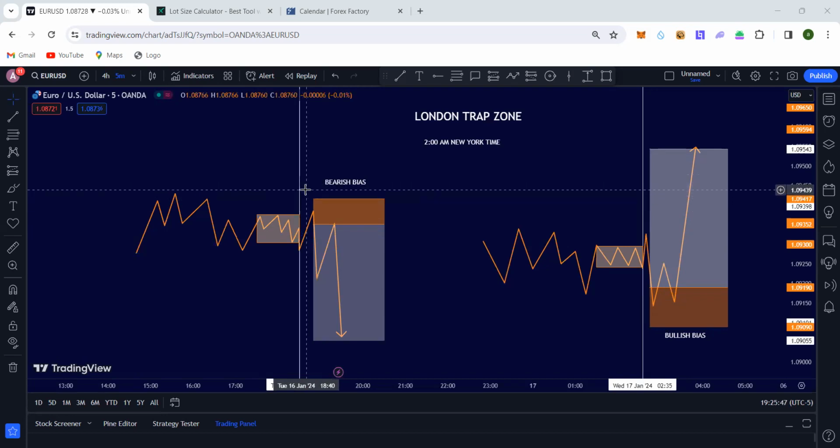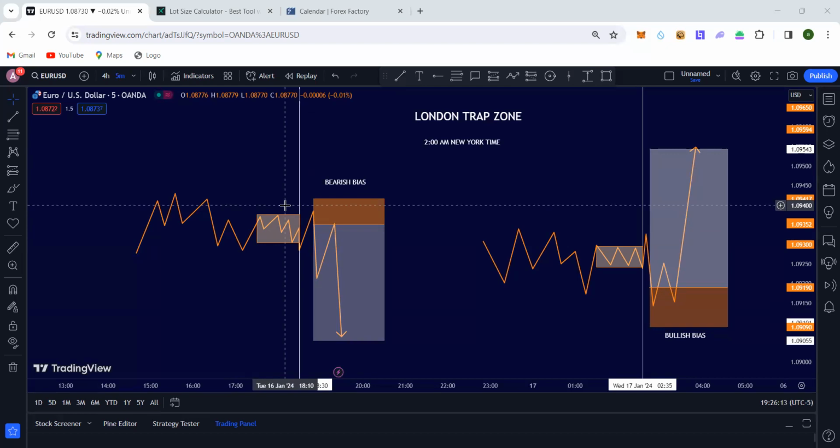So when you're trading the London Trap Zone, you consider these things, right? You consider the Asian liquidity, the London Open, and then your entry. So how do you go about this? Your liquidity range that you're marking, your Asian liquidity range that you're marking, is always at the end of the Asian session, right?